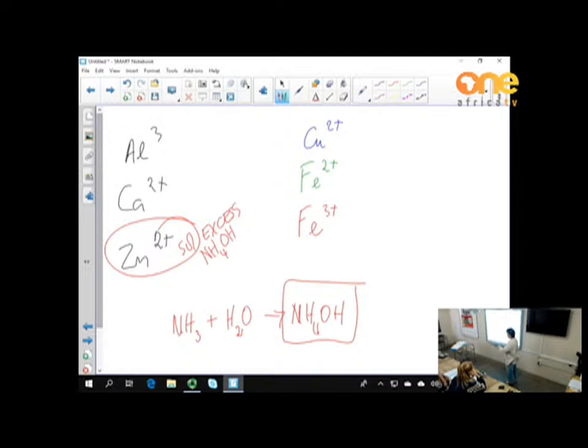All right. Remember with the first test, aluminium and zinc dissolves. Calcium remains. So we've sorted calcium from that equation. So if I have a test tube and I don't know whether it's aluminium or zinc, what am I going to use? Ammonium hydroxide, because aluminium is going to make a white precipitate that is going to stay. And zinc is going to make a precipitate that's going to disappear. Yeah.